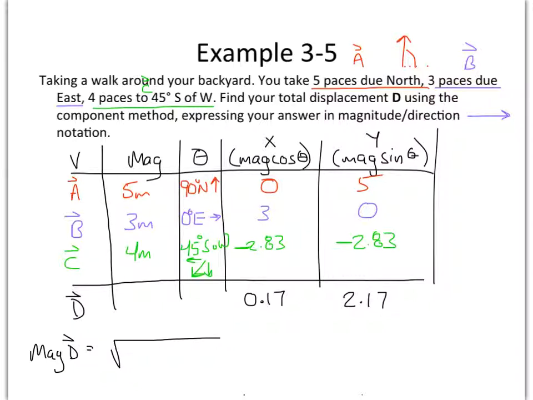So if you recall, it's the x component squared, 0.17 squared, plus 2.17 squared, and that's going to give us our magnitude for D. So 0.17 squared plus 2.17 squared, I'm going to take that to the half power. Well, it's going to be 2.18.